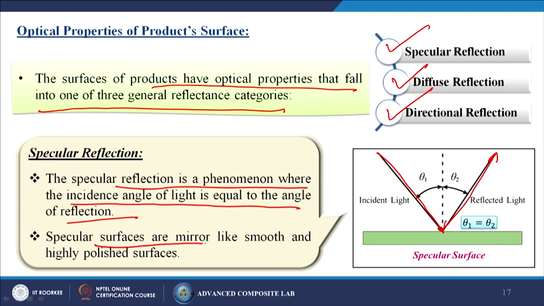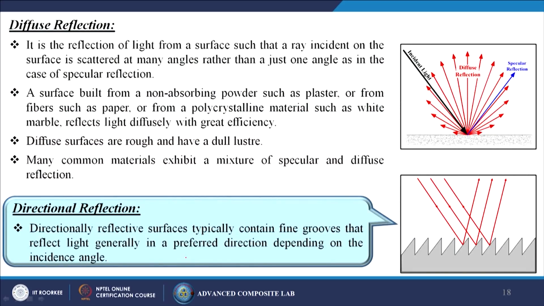Specular surfaces are mirror-like, smooth, and highly polished surfaces. Next, diffuse reflection. It is the reflection of light from a surface such that a ray incident on the surface is scattered at many angles rather than at just one angle, as in the case of specular reflection. In specular inspection the incident light goes in one direction, but in diffuse reflection it goes into different angles.